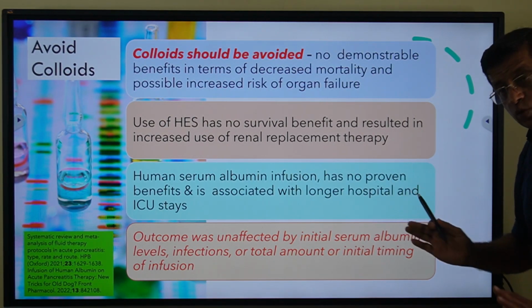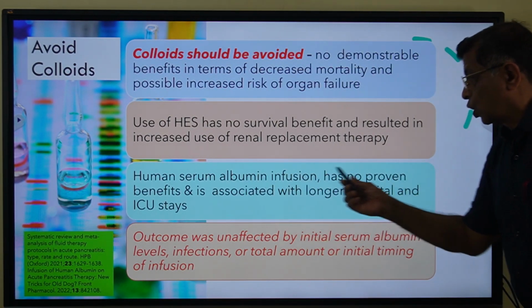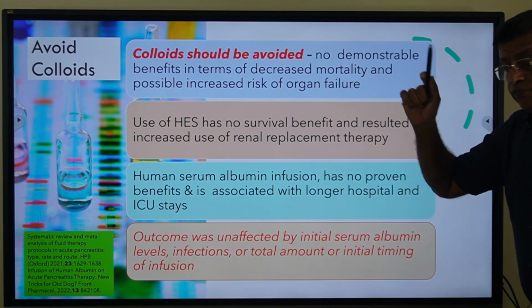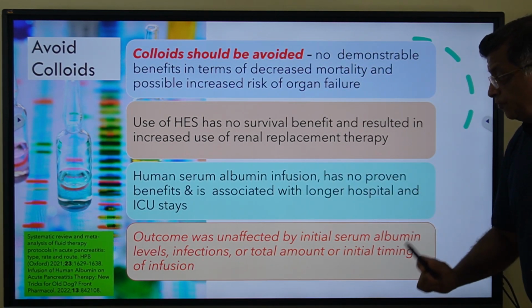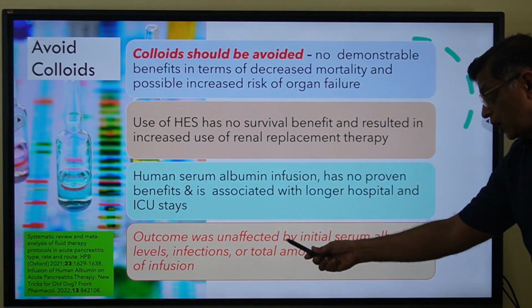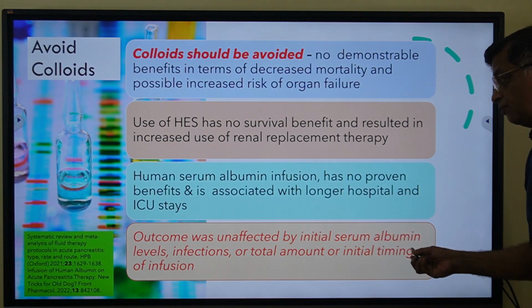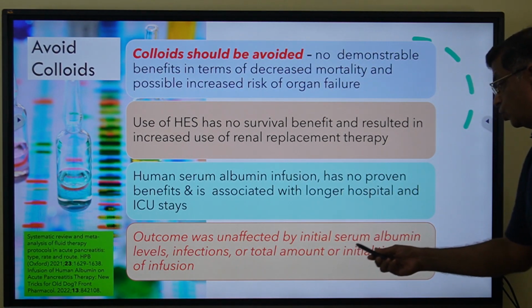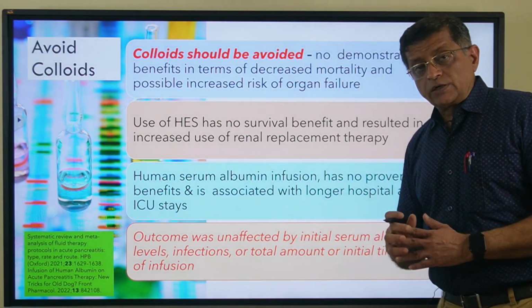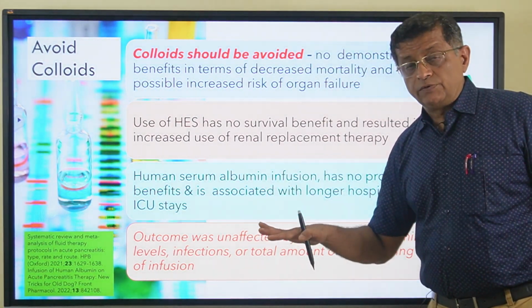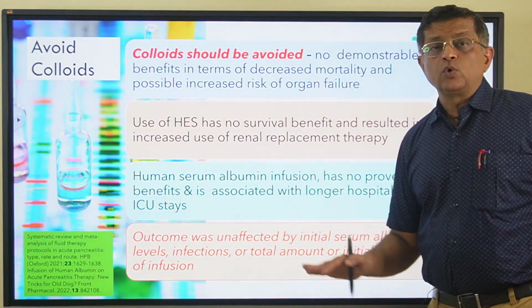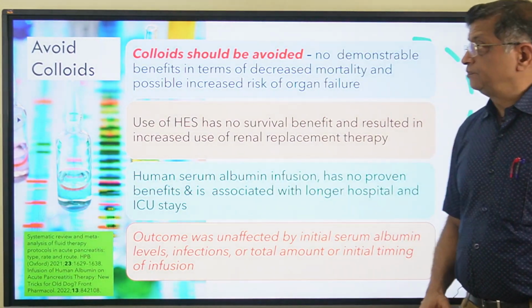Even albumin has no proven benefits and is associated with longer hospital and ICU stays. So neither starch, hetastarch nor albumin. Interestingly, outcomes were unaffected by initial serum albumin levels, infections and total amount or initial timing of infusion. So the outcome of acute pancreatitis does not depend on the initial albumin level. So if you see albumin around 2.9 or 3.1, don't jump to give albumin.